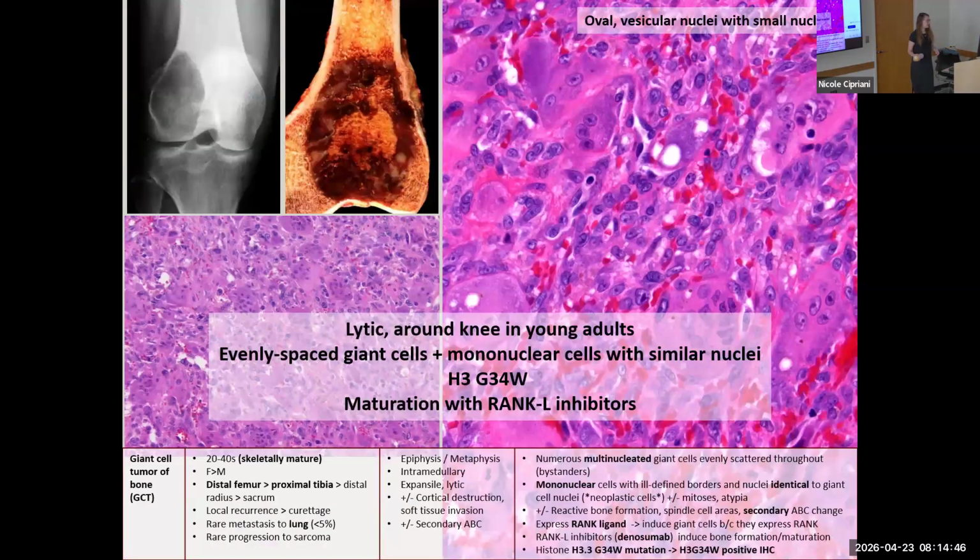Okay, true giant cell tumor of bone, as we were sort of mentioning earlier. This can happen in an age range that spans from the skeletally immature or verging on skeletal maturity to early skeletal maturity. So giant cell tumor of bone can span that spectrum.